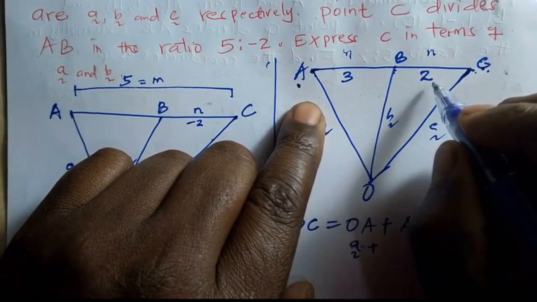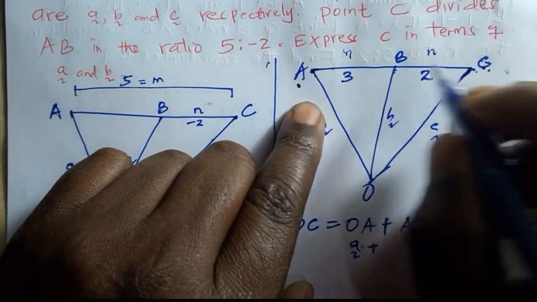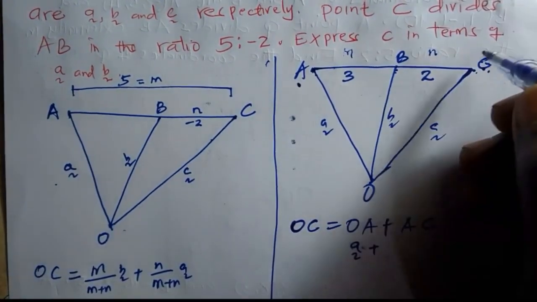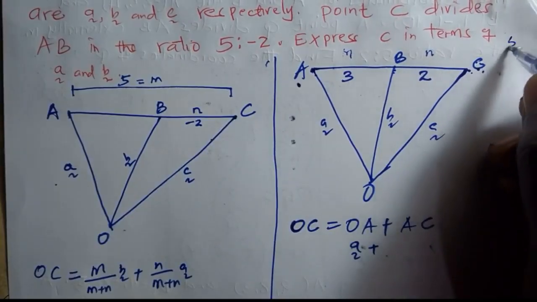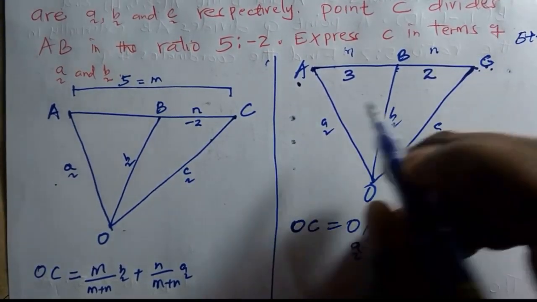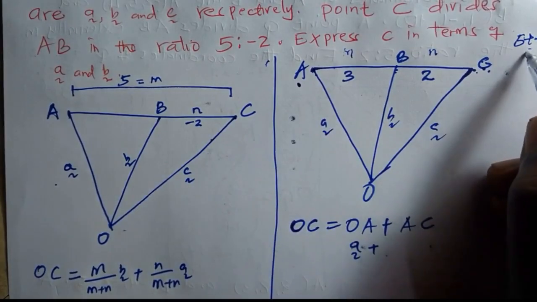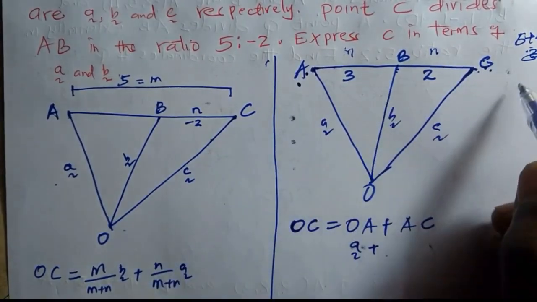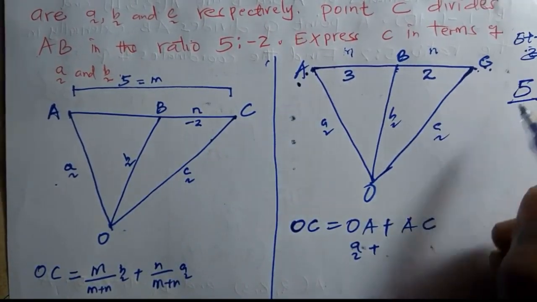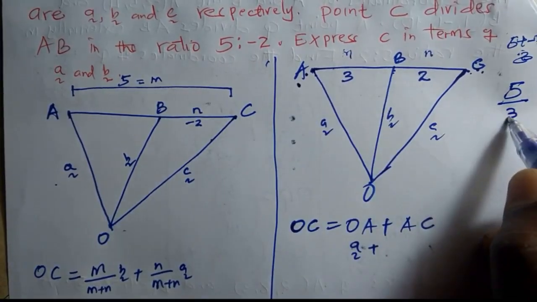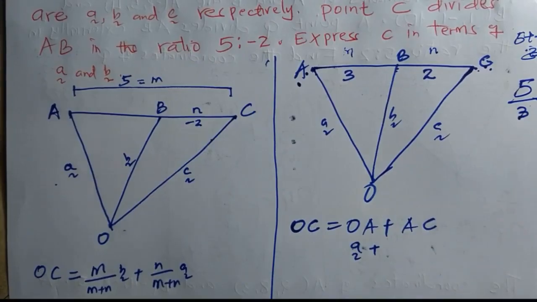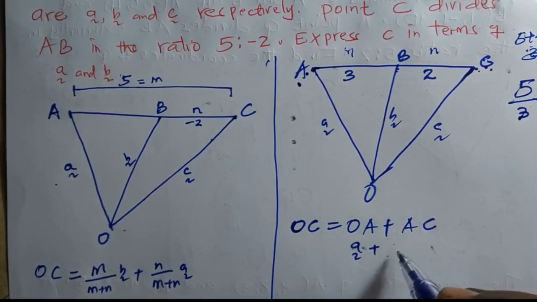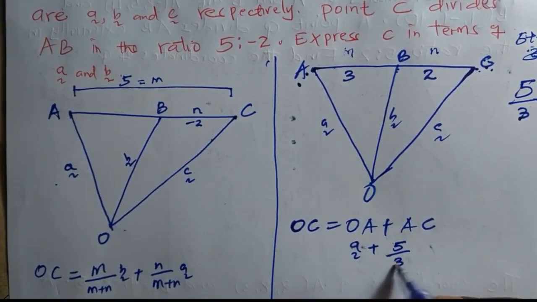From this plus this, your total is your 5. From here up to here is 5, yes. But the total will not be 5. Why? Because it is 5 plus minus 2. So the total here is 3. Minus 2 will be 3. So from A to C is 5 over the total, which is 3. Understand that?